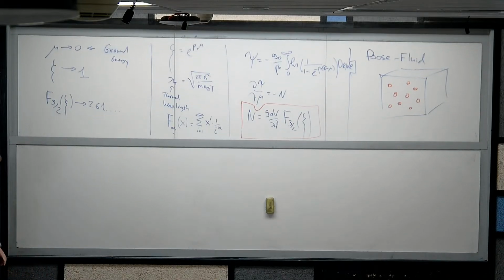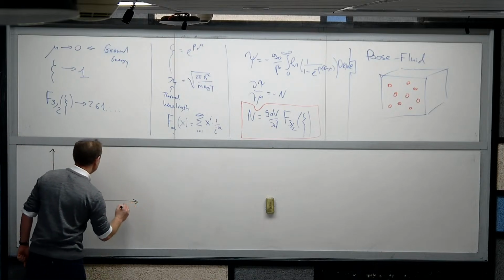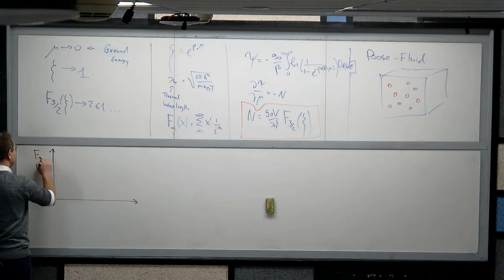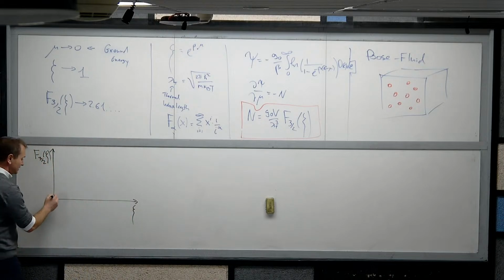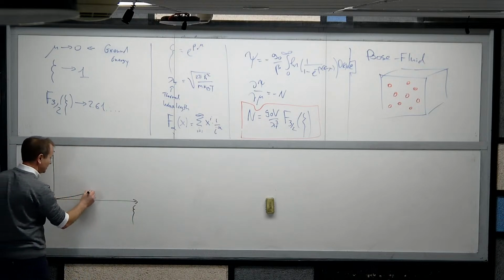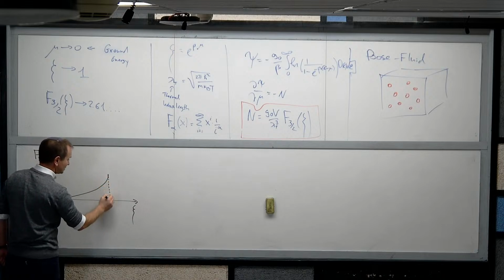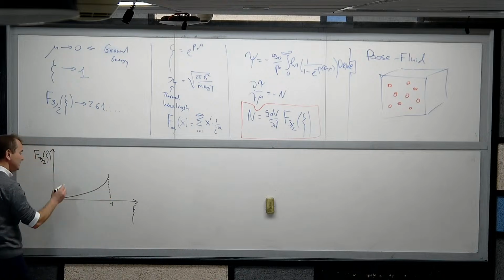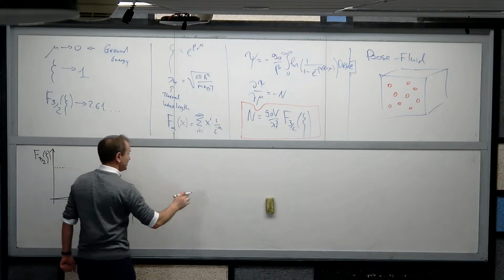So if you look at this, f_{3/2} as a function of the fugacity goes like this. The slope is diverging at this limit of 1. The function itself is limited.